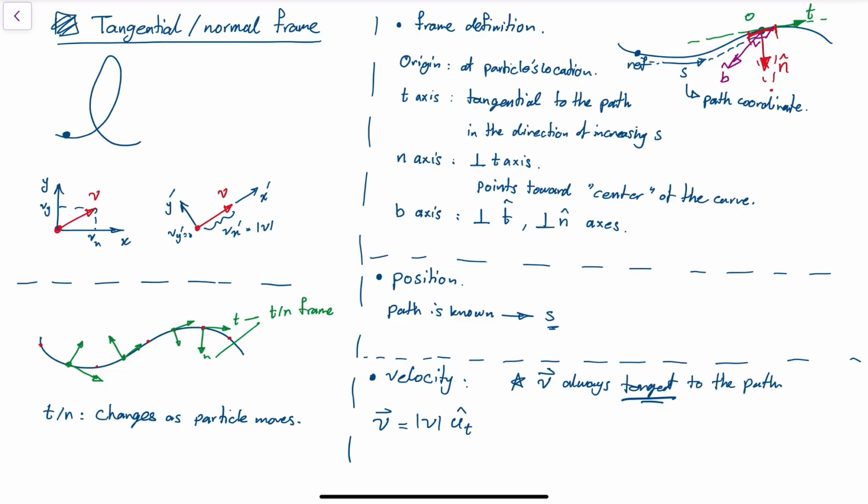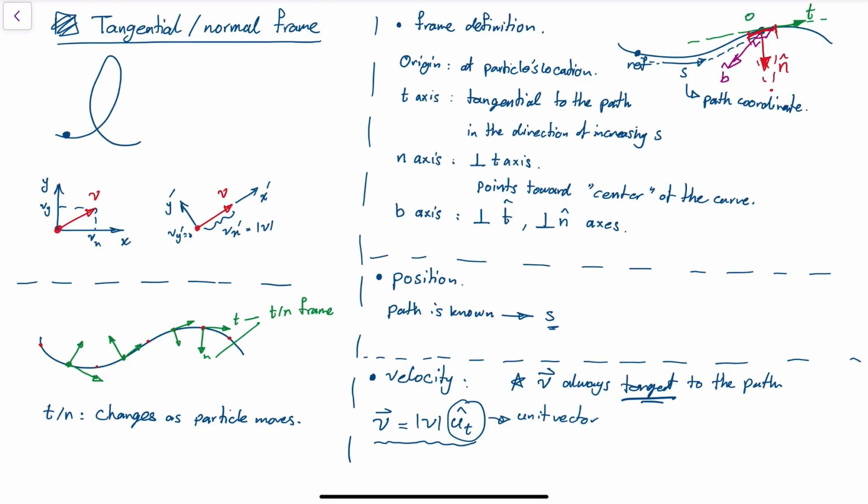I use u sub t to denote the unit vector along the tangential direction. And you can see immediately the purpose of why we have chosen this, because velocity is immediately defined in an extremely compact form as the speed in the tangential direction.